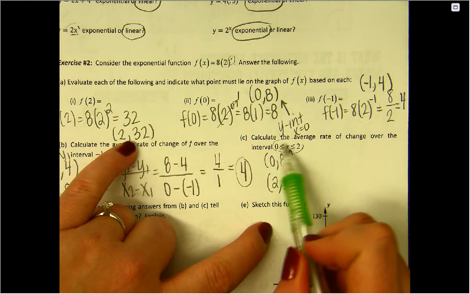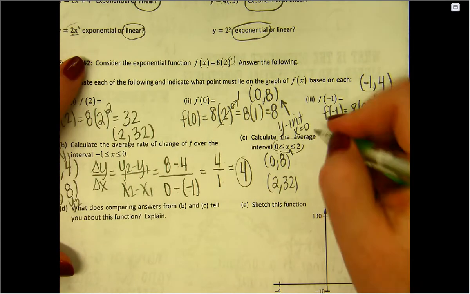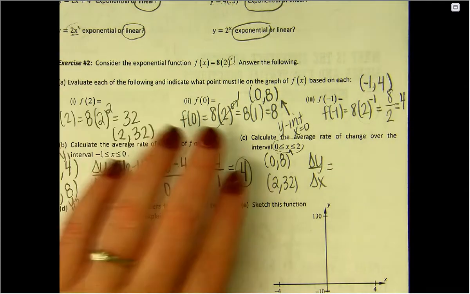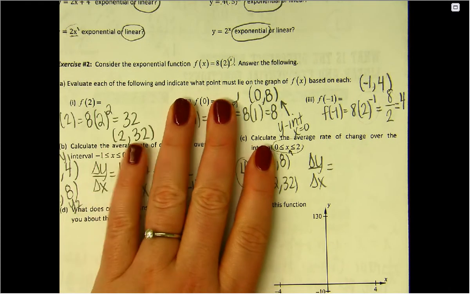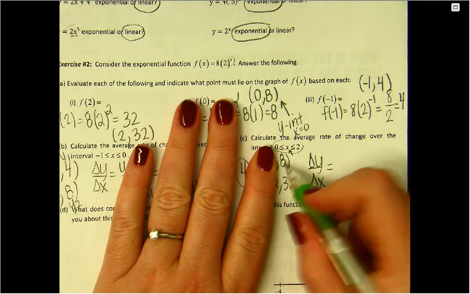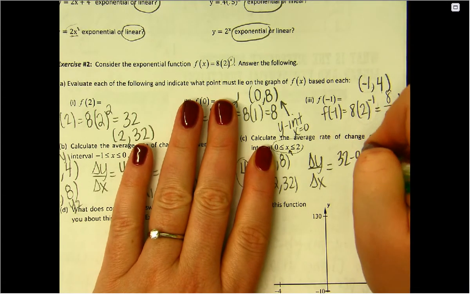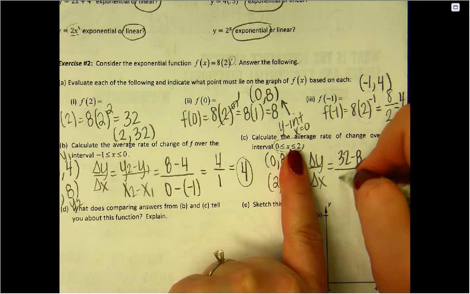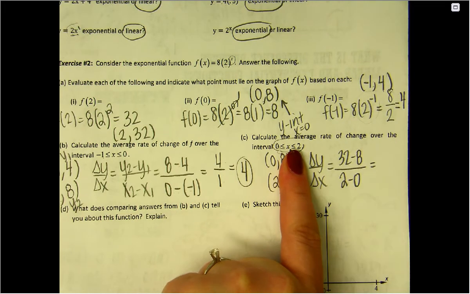But rate of change is change in y over change in x. So I'm going to take the difference in my y values, going bottom to top. So I have 32 minus 8 over, bottom to top again, 2 minus 0.